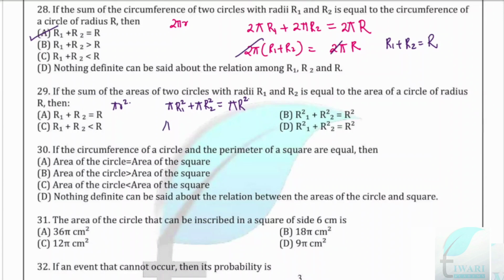Pi is common everywhere, so pi and pi will get cancelled, and the remaining term is r1 square plus r2 square equals R square. So option B or option D are both correct answers because they are both the same.